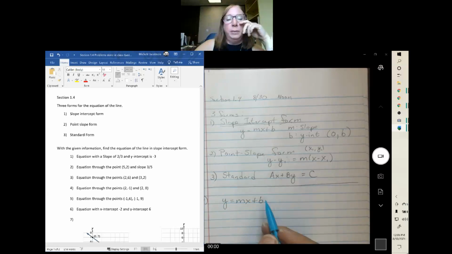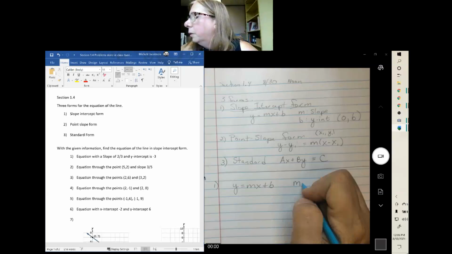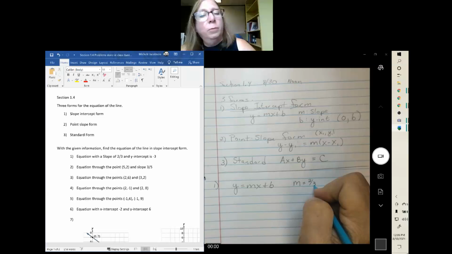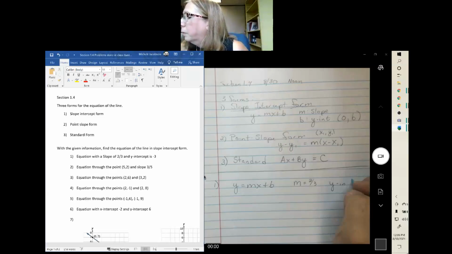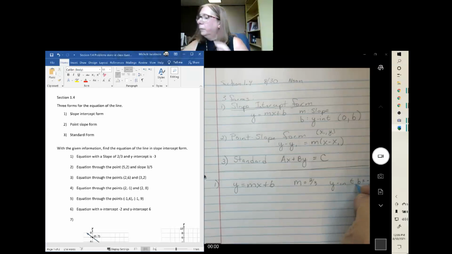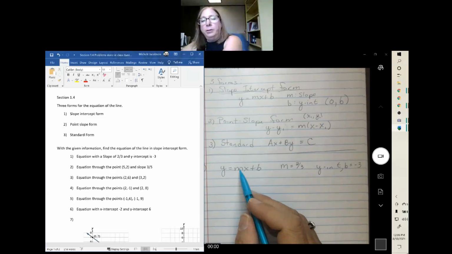Now, depending on your information, sometimes we can plug right into this. In this case, we were given the slope was 2/3, and the y-intercept is -3. The y-intercept is the same as b, so we were given both values.